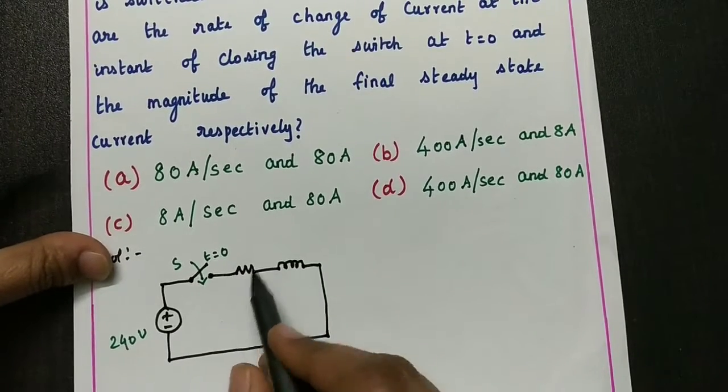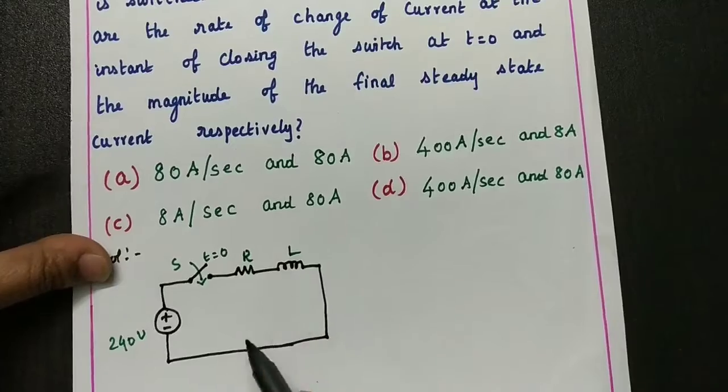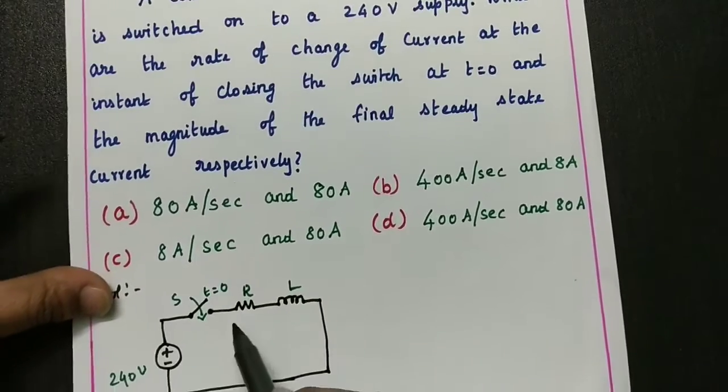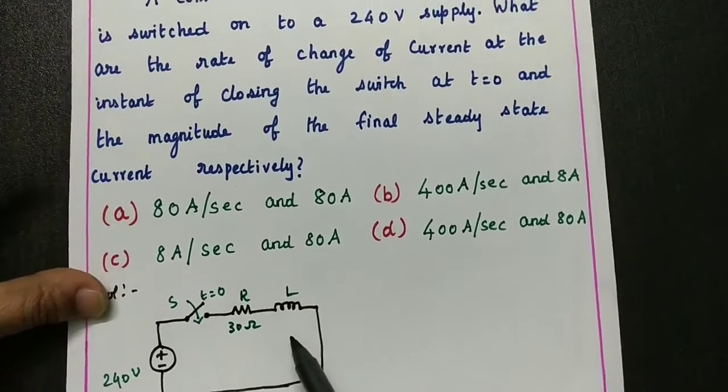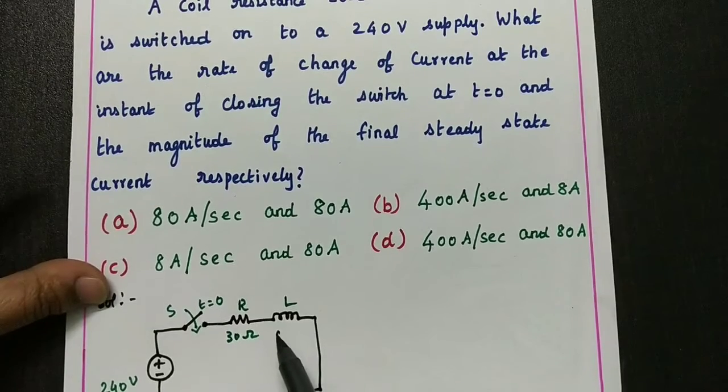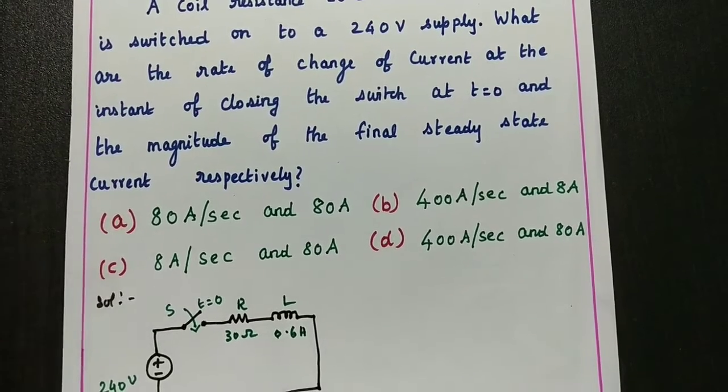These are the given conditions. Resistance value is given as 30 ohms. Inductance value is given as 0.6 Henry.